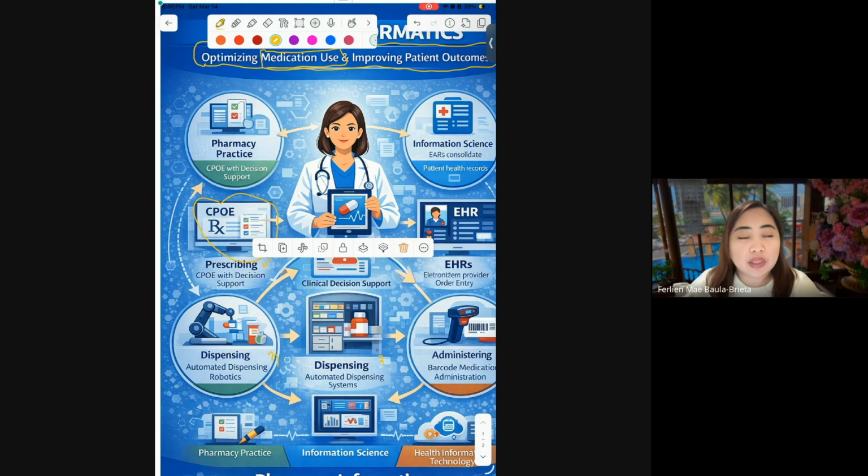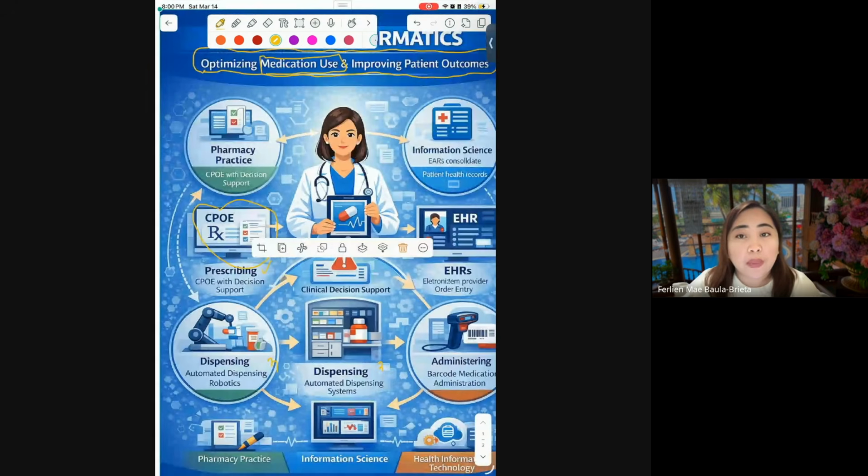For example, pharmacists may analyze EHR data to identify patients with CKD who are receiving nephrotoxic medications. We should be proactive in our intervention before kidney injury occurs.